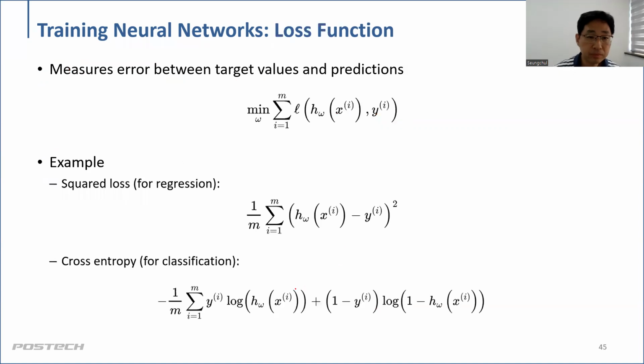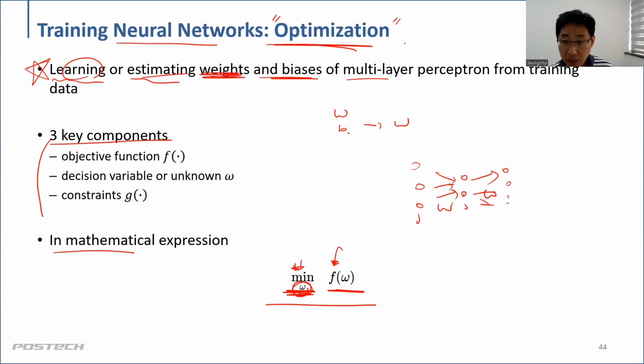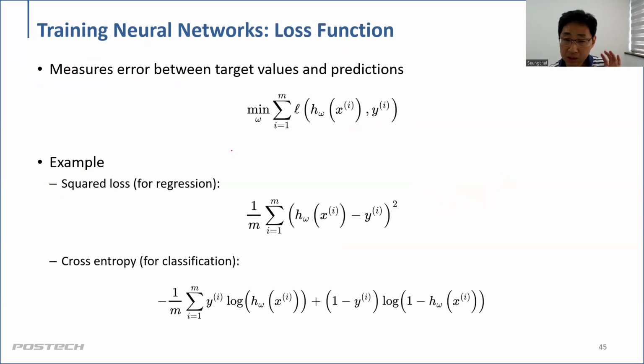In optimization we call it the objective function, but in ANN we call it the loss. Loss functions are the same thing. If you think about loss, I want to minimize loss, so it's already a minimization problem. So instead of saying I want to minimize the objective function, I'm going to say minimize the loss function.